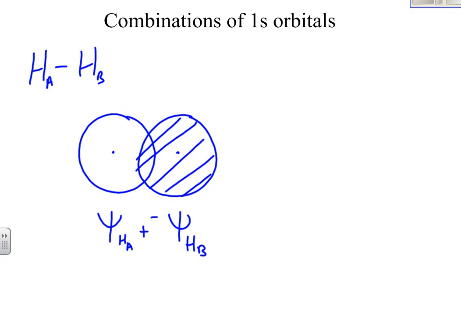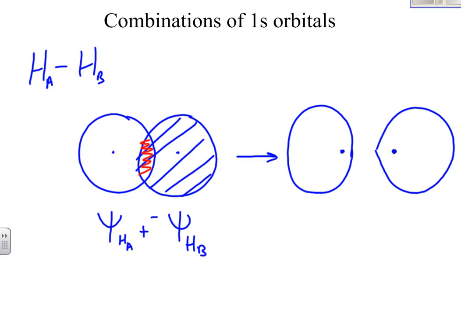When we add these two together, what we get then is in this region in here, we get a canceling out of the phases. And so the phases would have zero value at that point. So if I redraw this, I would now have an area in the middle where there's negative electron density, and the areas to the outside would therefore then increase in electron density.